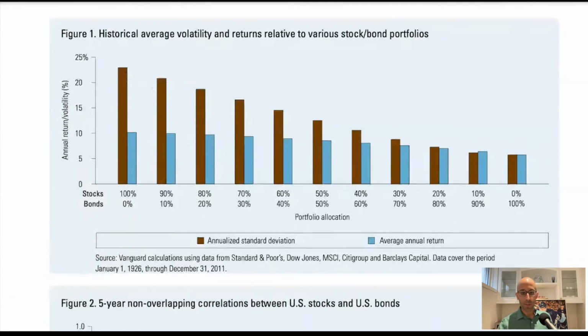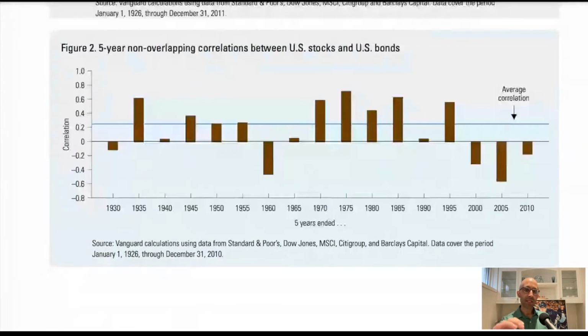Point number 2 that I want to make is shown in figure 2. Correlation is best measured over a long time frame. And this picture shows the average correlation between US stocks and US Treasury bonds from 1926 all the way until 2012. You can see that the average correlation is marked by this blue line. It's 0.25. So these are not highly correlated assets.